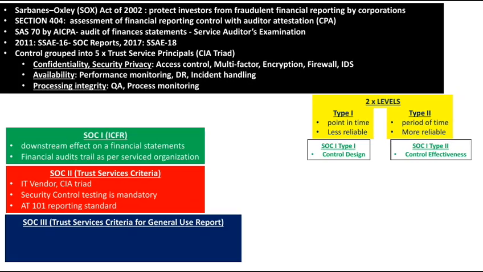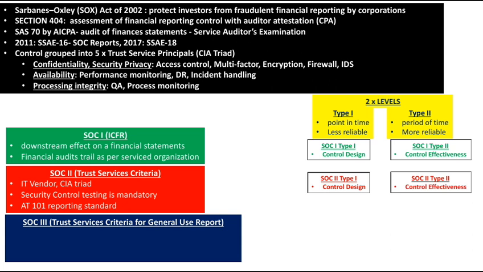So the SOC 2 reports can be type 1 and type 2, and similar to SOC 1 reports, the type 1 SOC 2 reports are the assessment or auditing reports over the control design, and type 2 SOC 2 reports cover the operations of that control and the effectiveness of that control over a period of time.